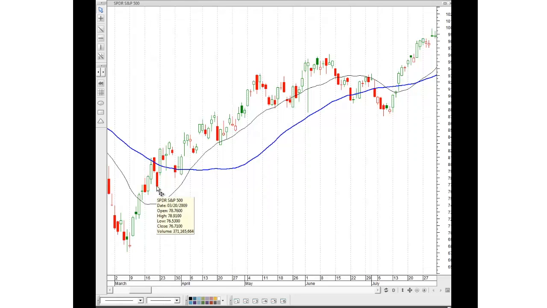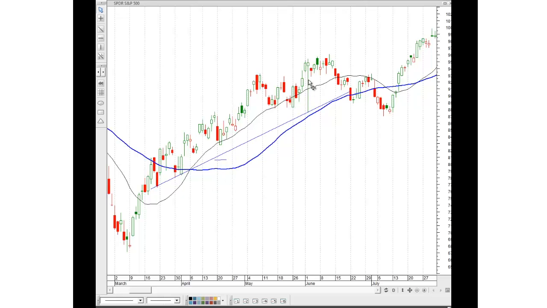So we would probably key off this one, and if we draw our trend line underneath those two, we end up with something that looks like that. And we would put our stop loss underneath that trend line, and anytime that trend line gets violated, then we would be out of the trade.